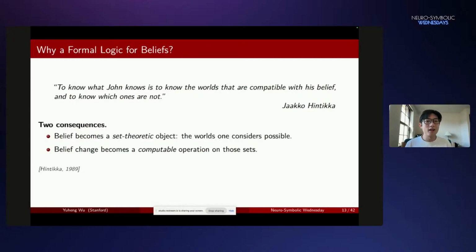And actually, we are not the first to do that. This is a really old school story that can date back to the 1950s, 60s. Hintikka is one of the pioneers in this topic. In his work, he said, to know what John knows is to know the worlds that are compatible with his belief and to know which ones are not.